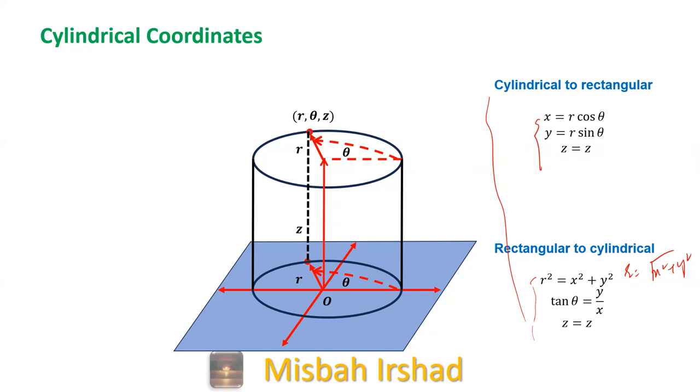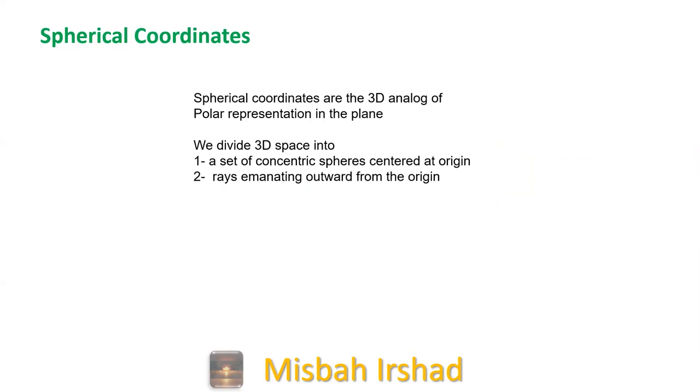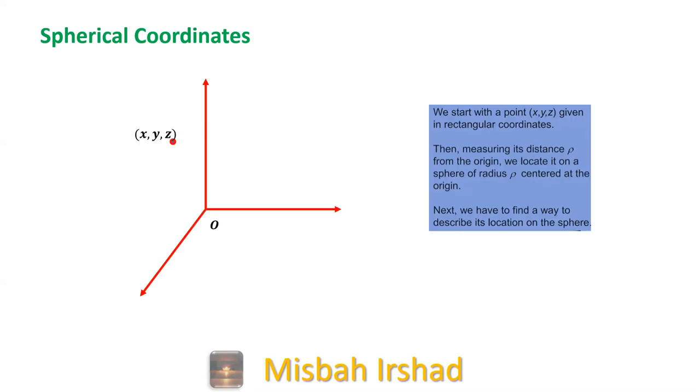So let's move to spherical coordinates. Spherical coordinates are the 3D analog of polar coordinates in the plane. Let's have a point xyz again in the rectangular coordinate system in space.